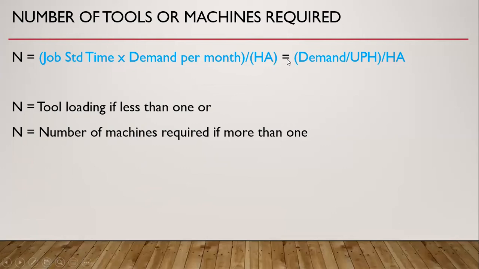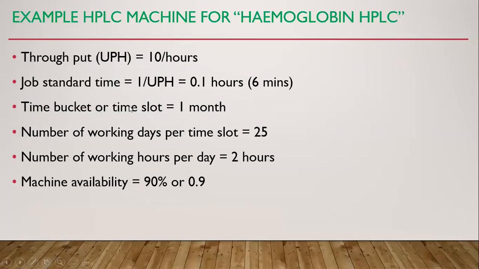The demand, this is equal to demand divided by units produced per hour, and this entire thing is divided by the hours available. And n is nothing but tool loading if it is less than 1, as we have seen in our lecture on capacity planning, or n is equal to number of machines required if it is more than 1. This we will see today.